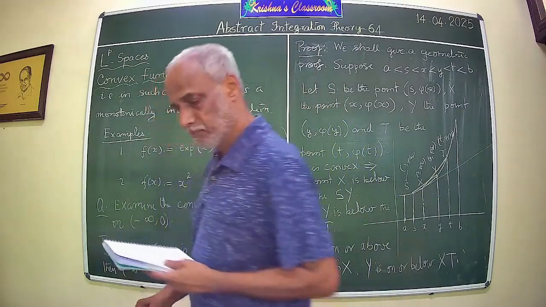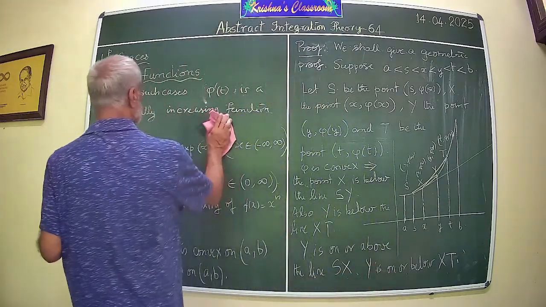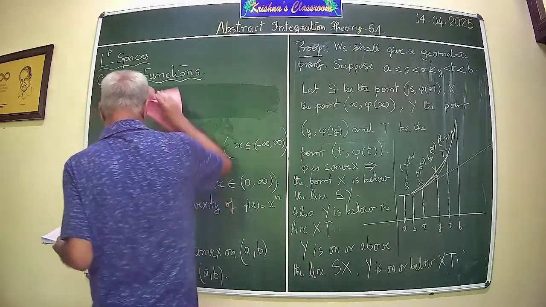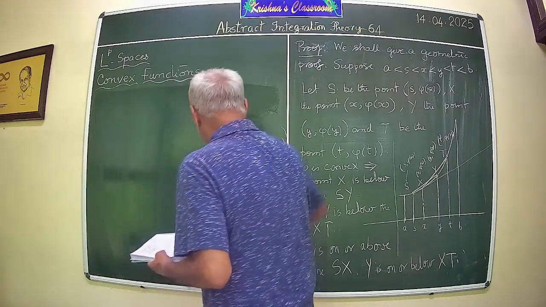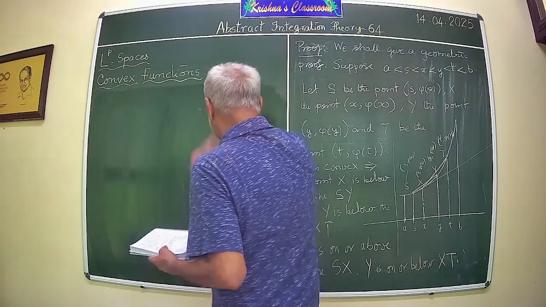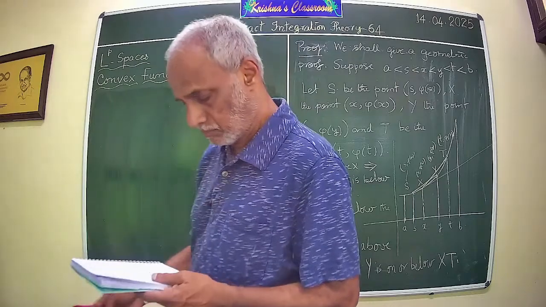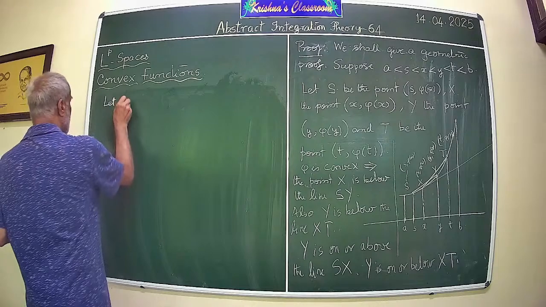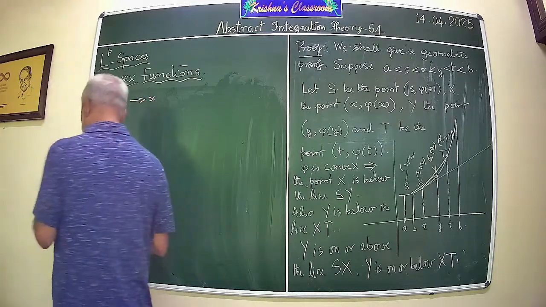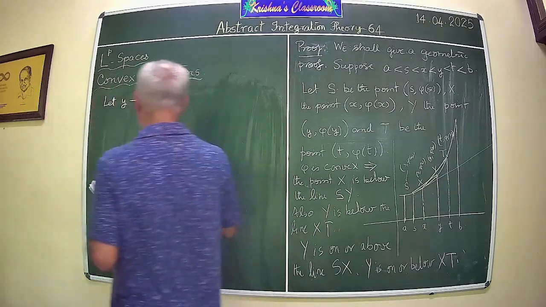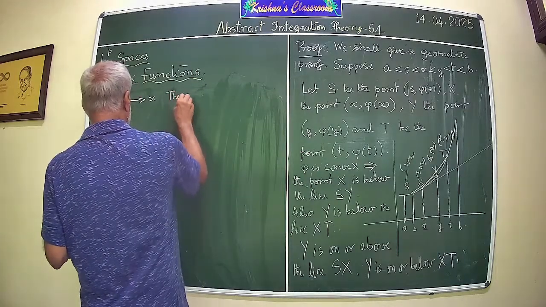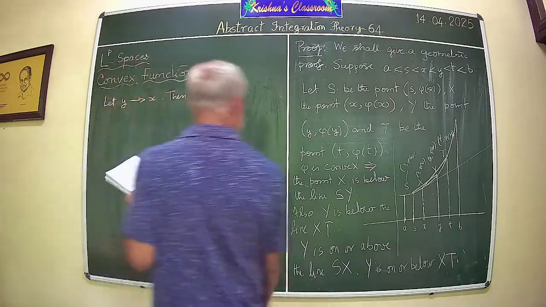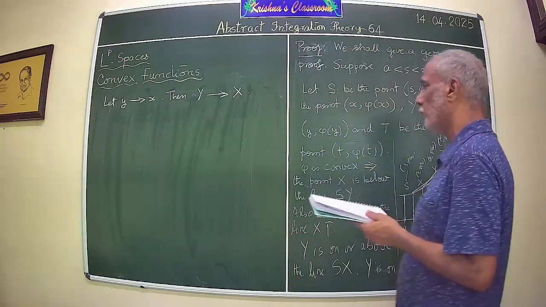Now let y tend to x. That is, the point y tends to x. It is this ordered pair.